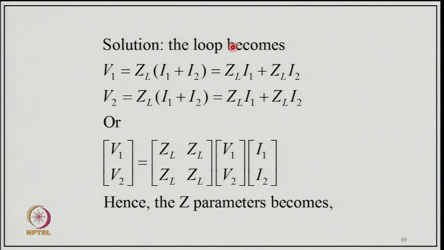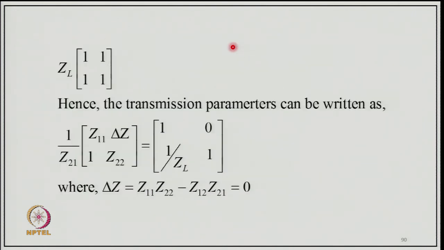We can write [V1, V2] equals ZL [1, 1; 1, 1] into [I1, I2], and hence the Z parameter matrix becomes ZL [1, 1; 1, 1]. Hence, the transmission line parameters can be written as [Z11 by Z21, delta Z by Z21; 1 by Z21, Z22 by Z21] equal to [1, 0; 1 upon ZL, 1], where delta Z equals Z11 Z22 minus Z12 Z21, equal to 0.